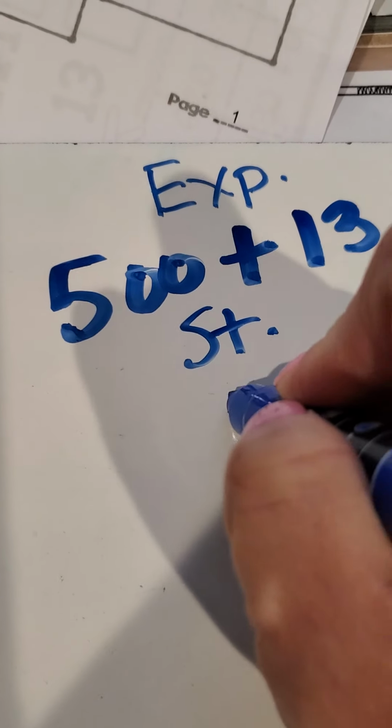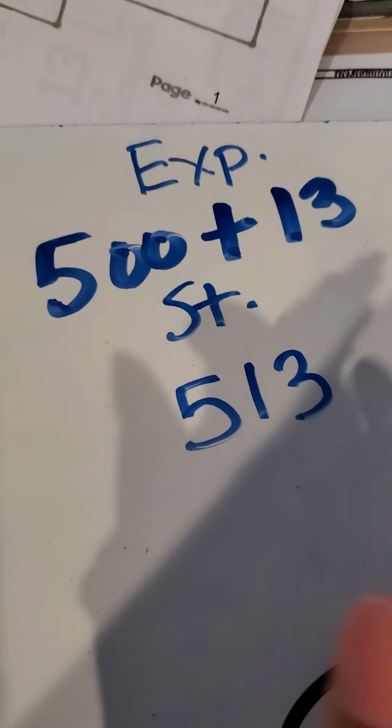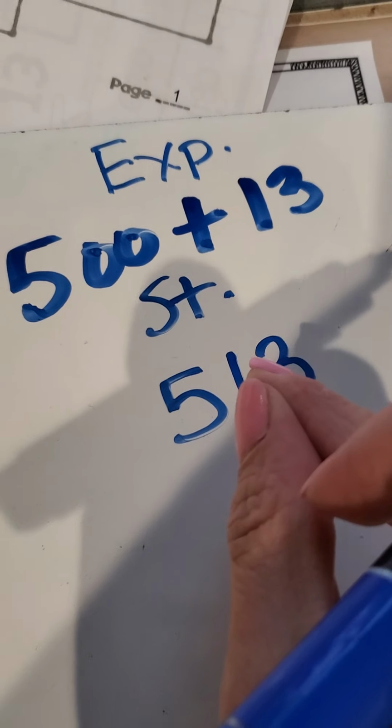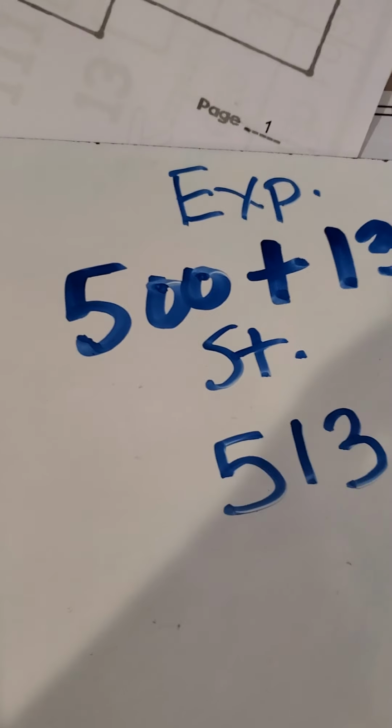That's expanded form. But our standard form is going to be 513. Remember, this is our slinky put together. And then when we want to do expanded, we need to stretch it out, like a slinky does.